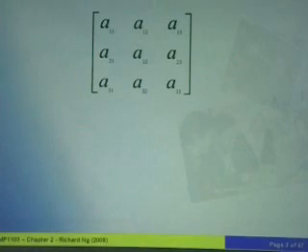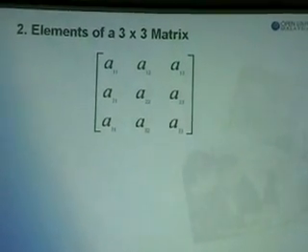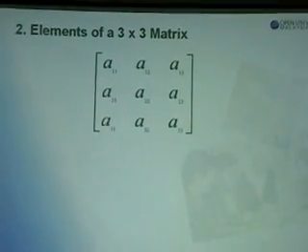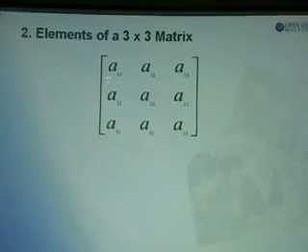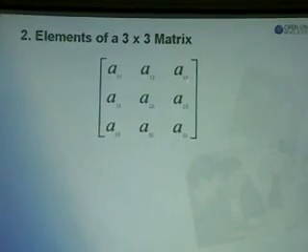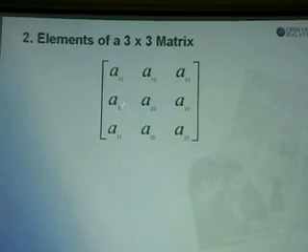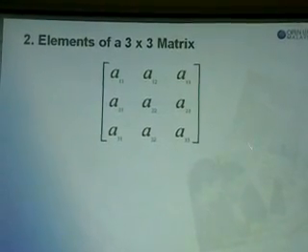In the next slide, I'm going to show you a 3 by 3 matrix because most of the exam questions will be asked on a 3 by 3 matrix. Okay? For a 3 by 3 matrix, be careful, a matrix element is identified by its location. In this 3 by 3 matrix, we have altogether 9 elements.